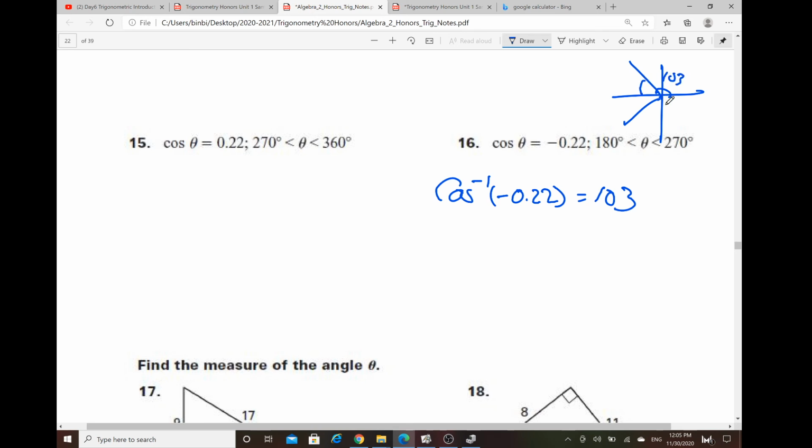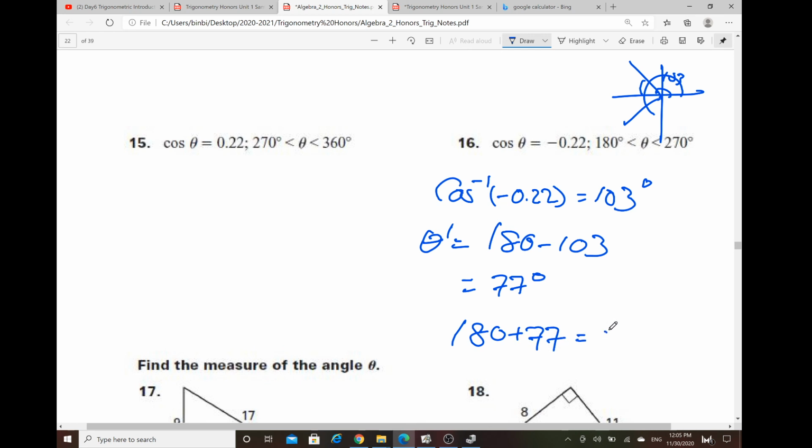So we need to find the reference angle here. The reference angle will be 180 minus 103, so that'll be 77 degrees. So in quadrant 3, this one would be 180 plus 77. Then that'll be 257 degrees. Okay, so 257 degrees.